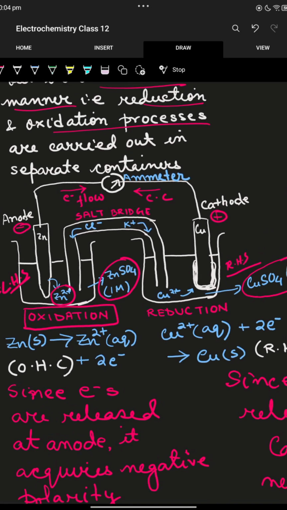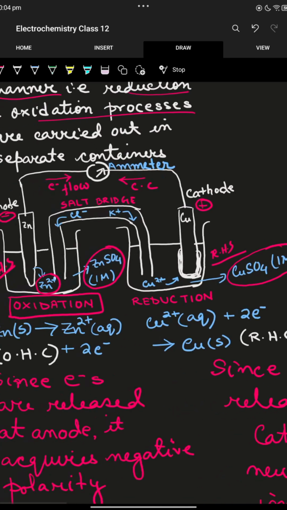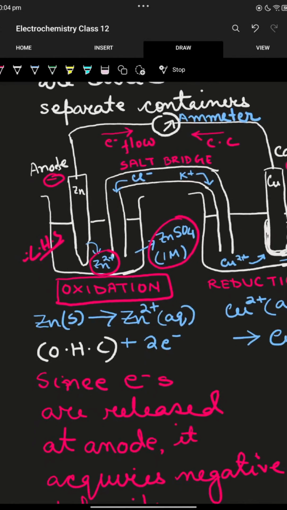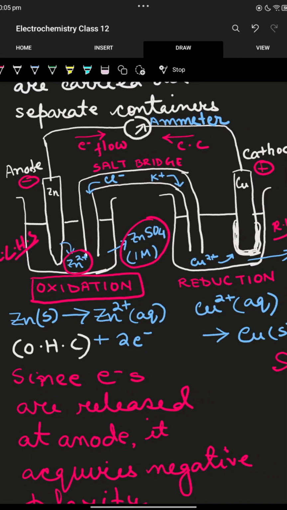Let me add one more thing, that the release of electron in the left hand side chamber near the electrode results in the formation of the negative terminal, and hence this is the anode.